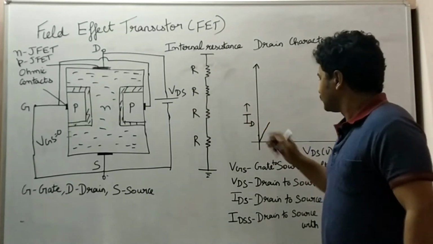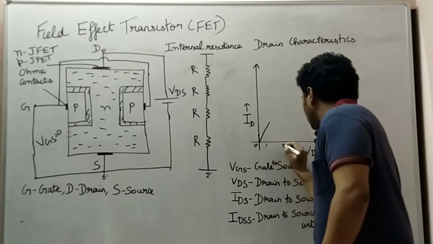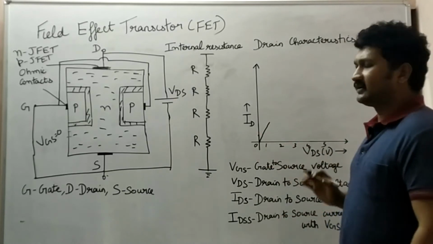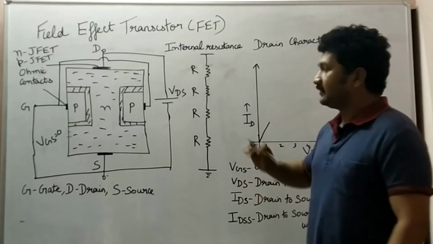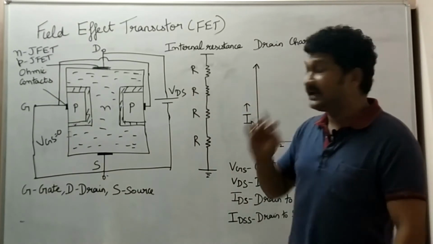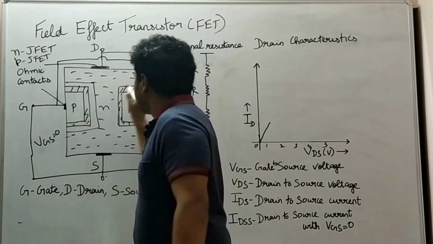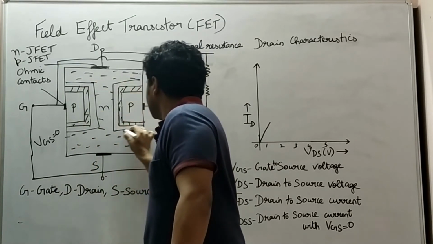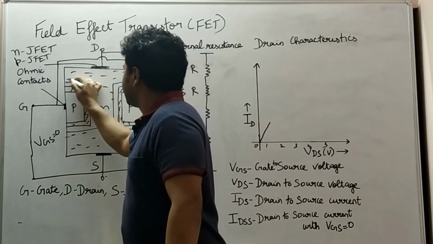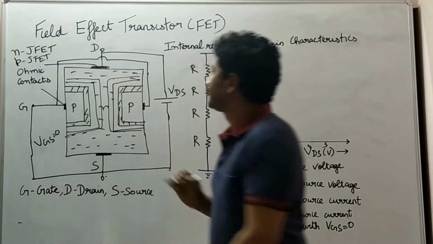When we are increasing from 0 to 5 volts, 1, 2, 3, 4, any voltage, what happens is we are starting to increase the voltage and at the same time this depletion layer starts to increase as we increase the reverse bias voltage.